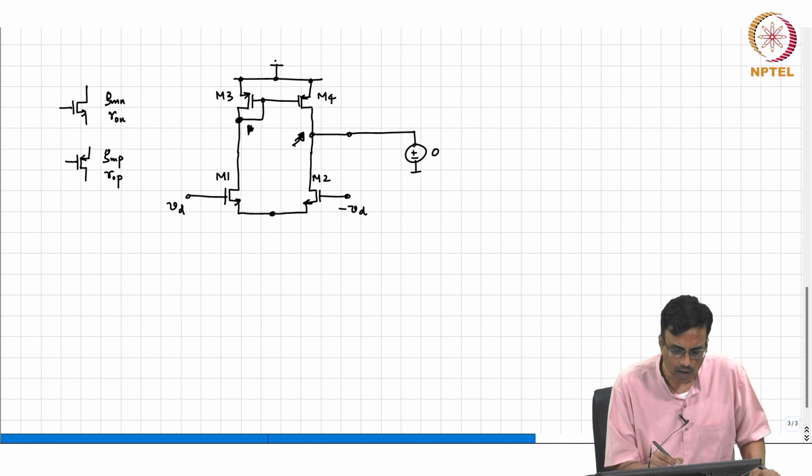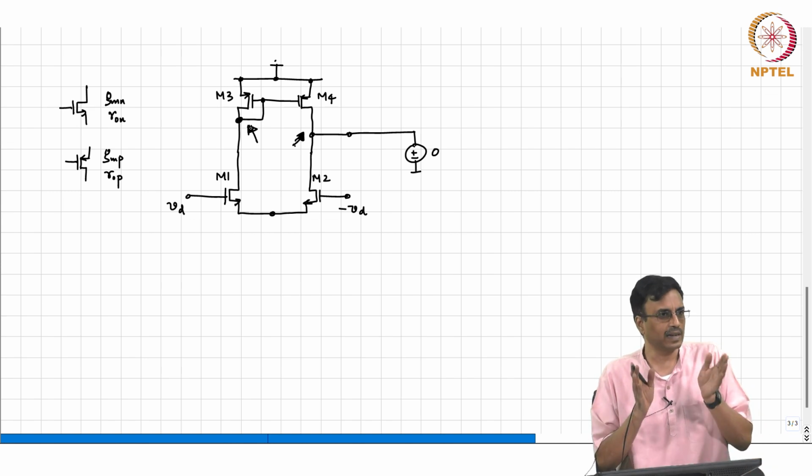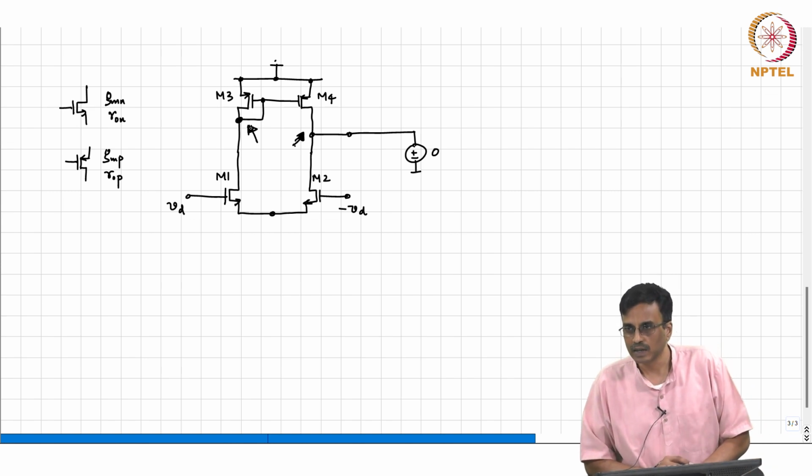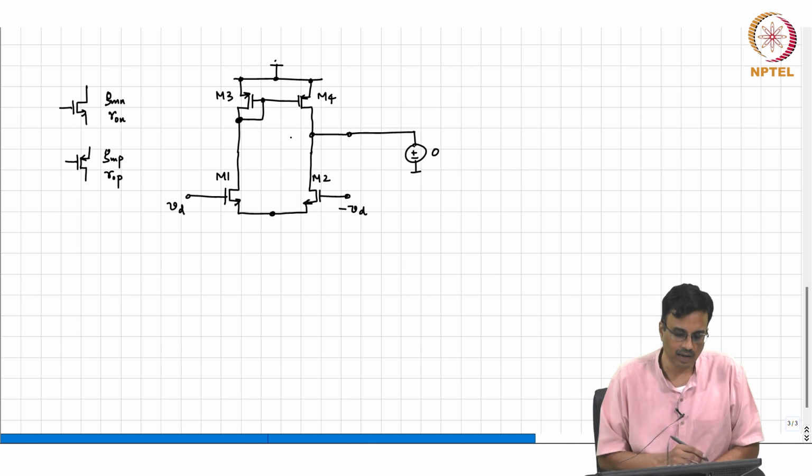So, this is small, this is 0, this is small, correct. So, for all practical purposes, even though technically the circuit is not symmetric, we assume that it is symmetric, and then we go through the analysis.